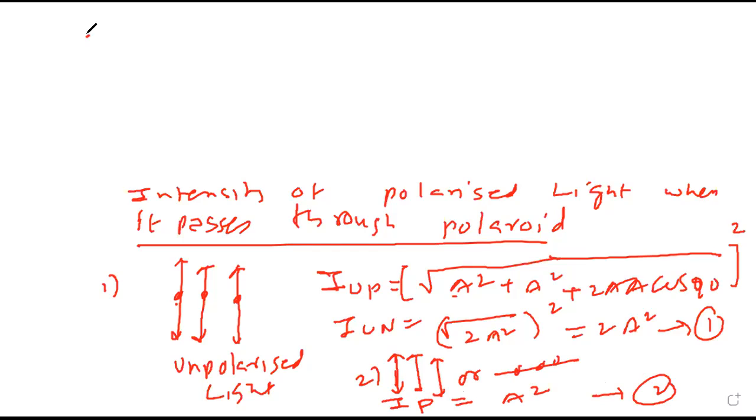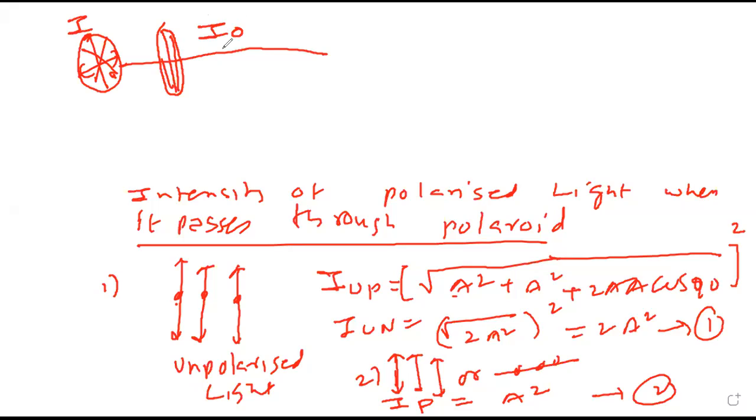If this is unpolarized light, which has vibration of the electric vector in any plane perpendicular to the direction of propagation, and it is made to pass through a Polaroid, then this is I and this is I naught, the output through one Polaroid, which is polarized light coming out this way.